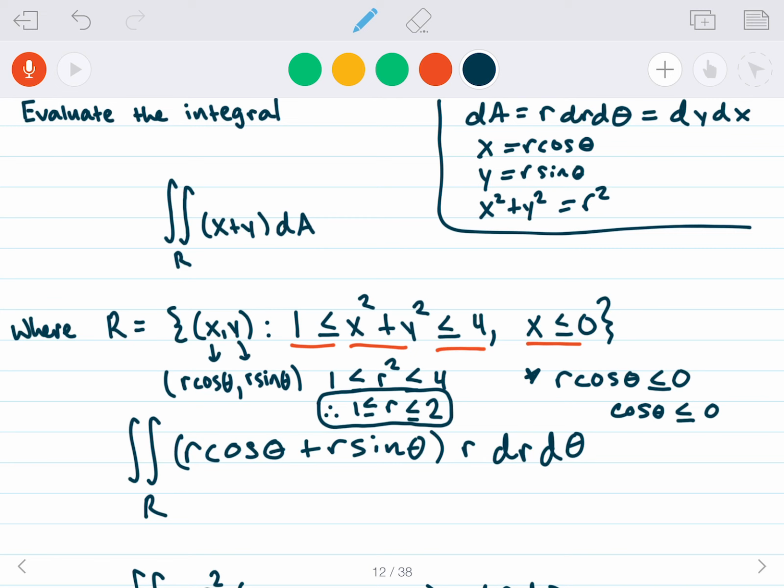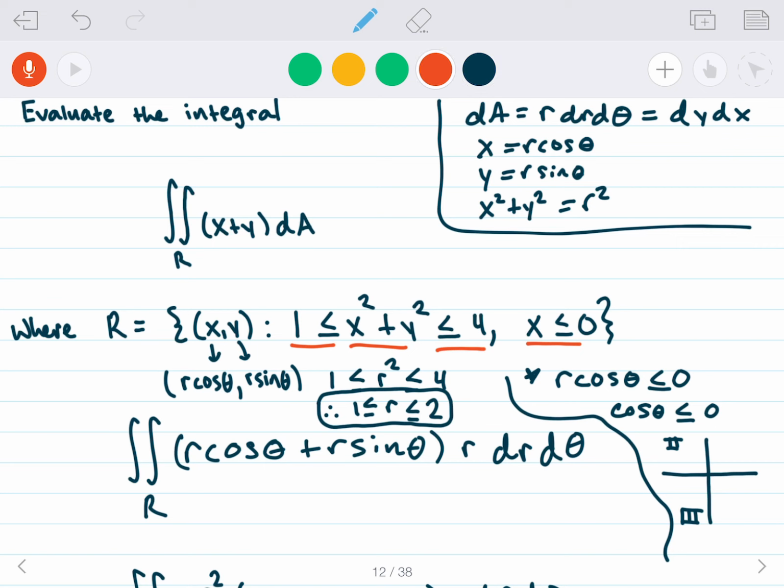And when is this true? When is it true that cosine of theta is less than or equal to 0? In which quadrants? That's going to be true in quadrants 2 and also quadrant 3.